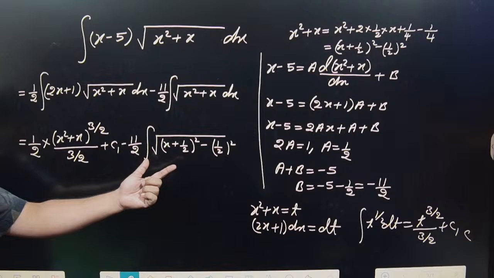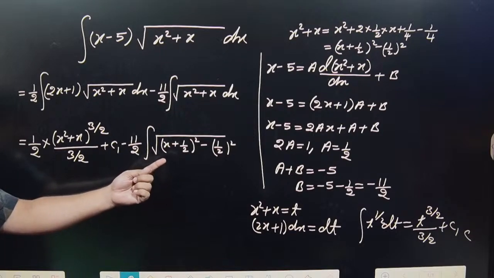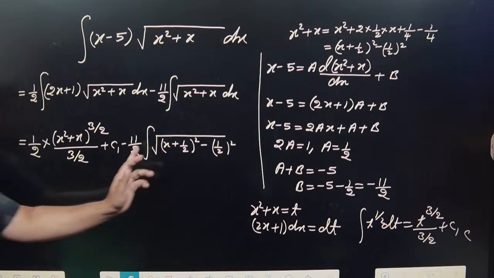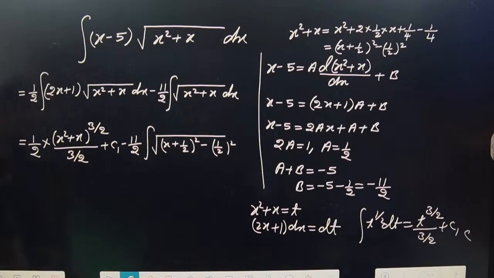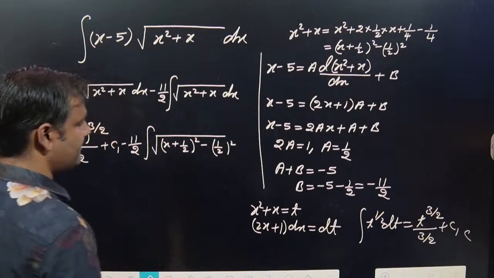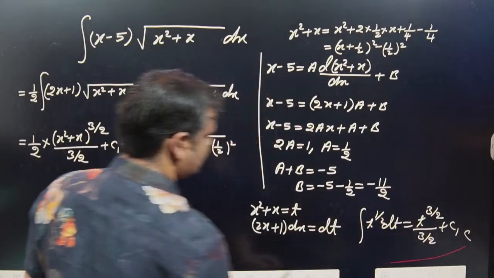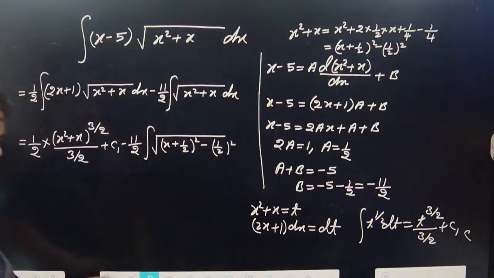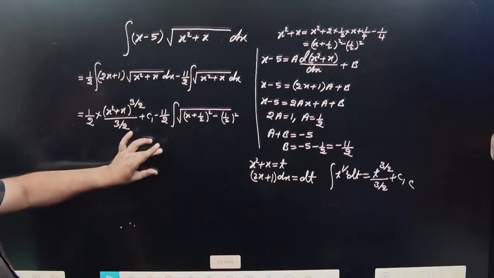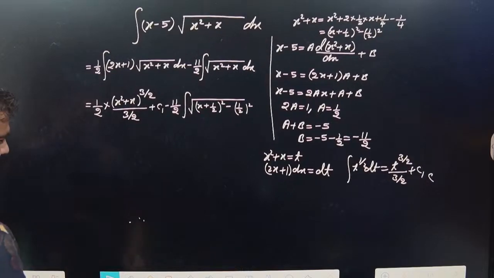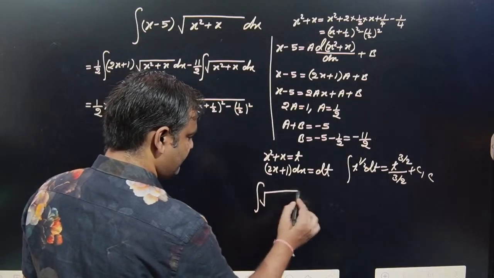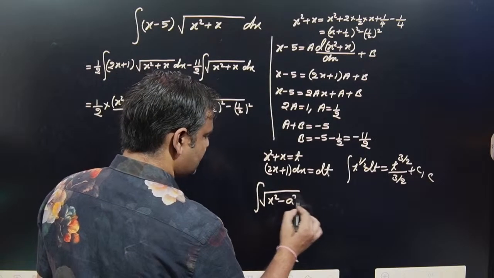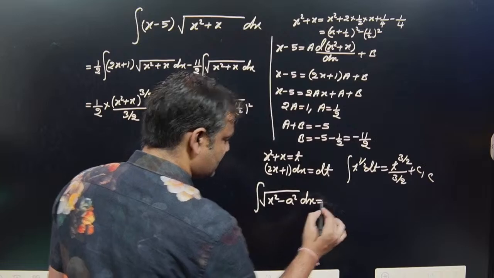First of all, I know the formula here. Under root x square minus a square dx is how much?